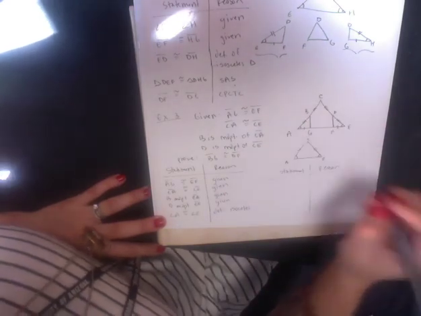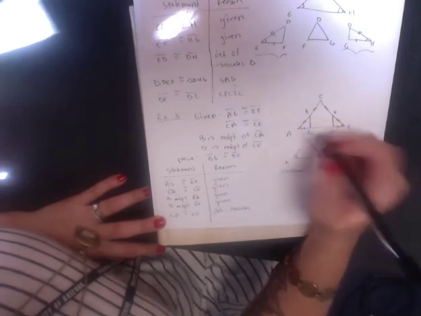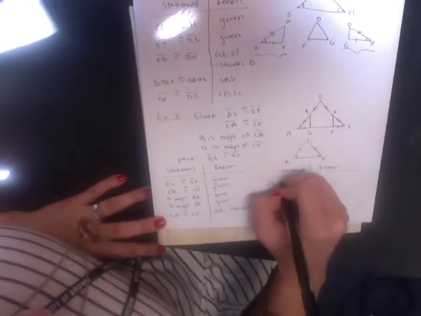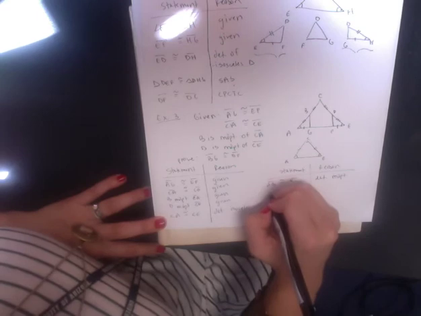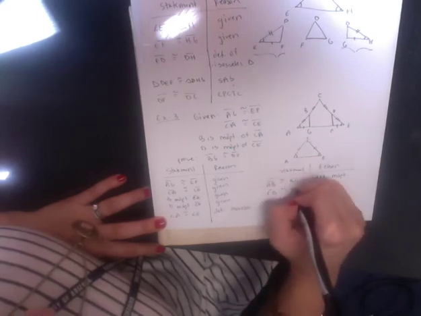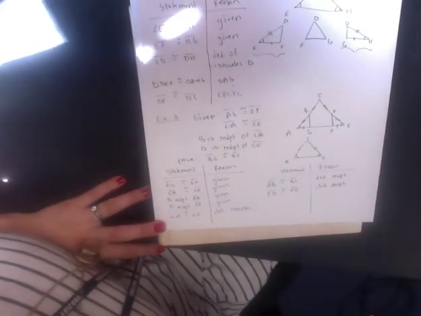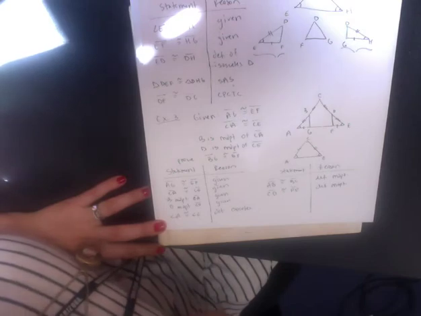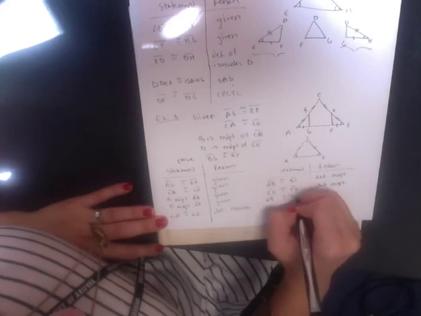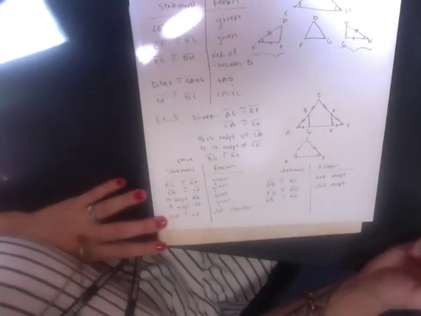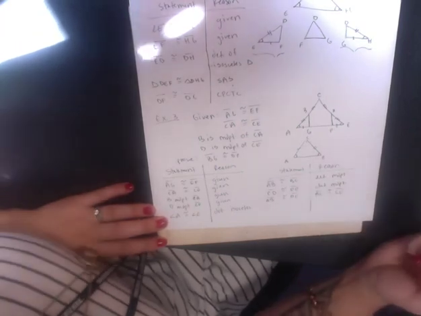Now, if I know that AC equals CE, I can say AB equals BC, definition of midpoint, and CD is congruent to DE, definition of midpoint. I can also say that AB is congruent to DE because AC is congruent to CE.